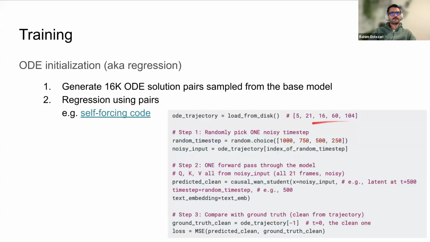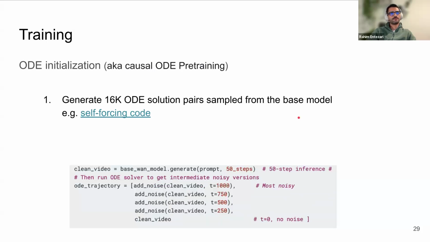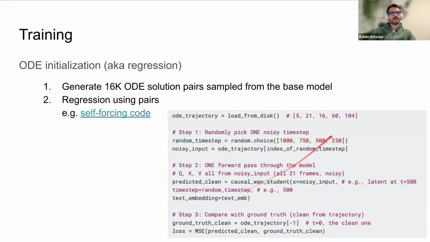So now I have this matrix. I have 21 latents, 16 channels, this is height and width. And then you have 5 because you saved 5 different versions of the same video. Clean, 250, up until 1000. This is pure noise, hopefully pure noise. Less noisy, up until it is clean. That's why we have this.